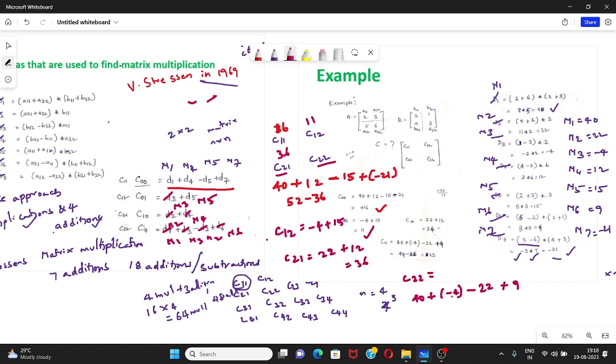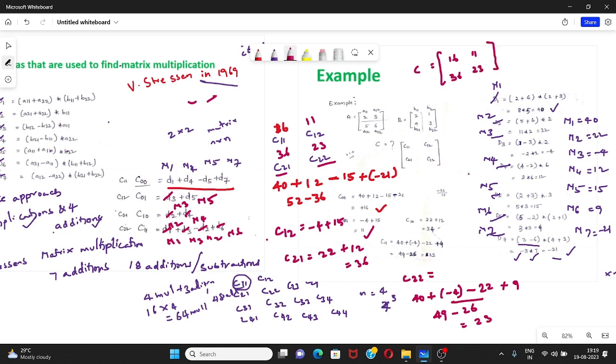Now you're going to add these values; these two are negative values, you can add. Now it becomes minus 26 and this is 49. So you get the value 23. So the resultant matrix C we can consider as 16, 11, 36 and 23.